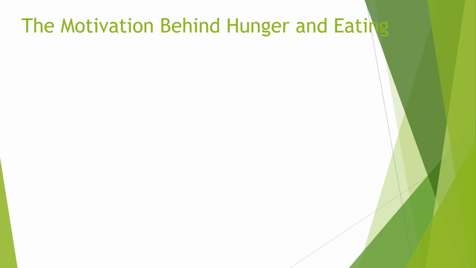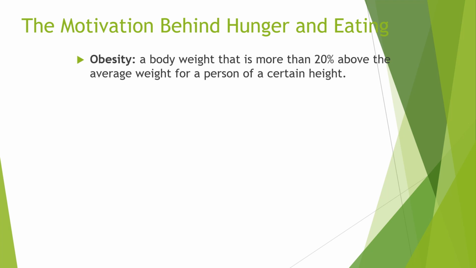The first thing I want to discuss is the motivation behind hunger and eating. And I want to get some basic definitions out of the way first. The first one is obesity. Obesity is when your body weight is more than 20% above an average weight for a person of a certain height.